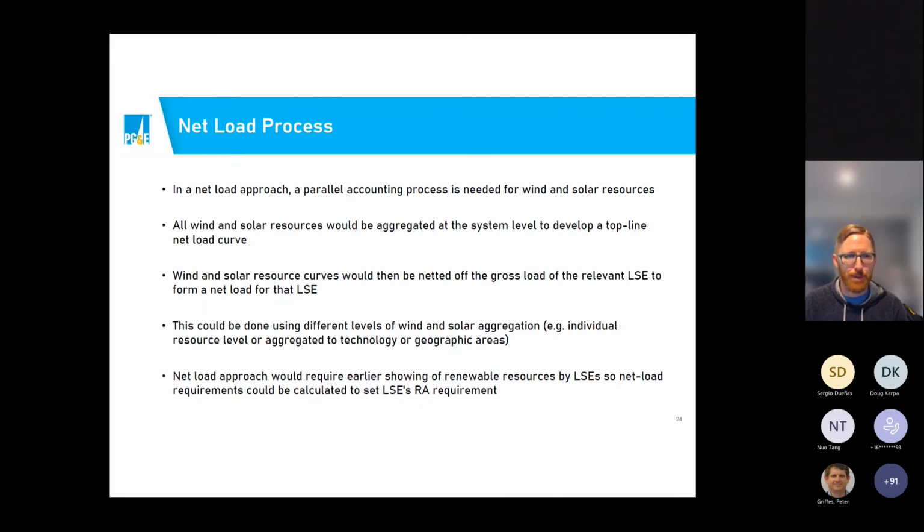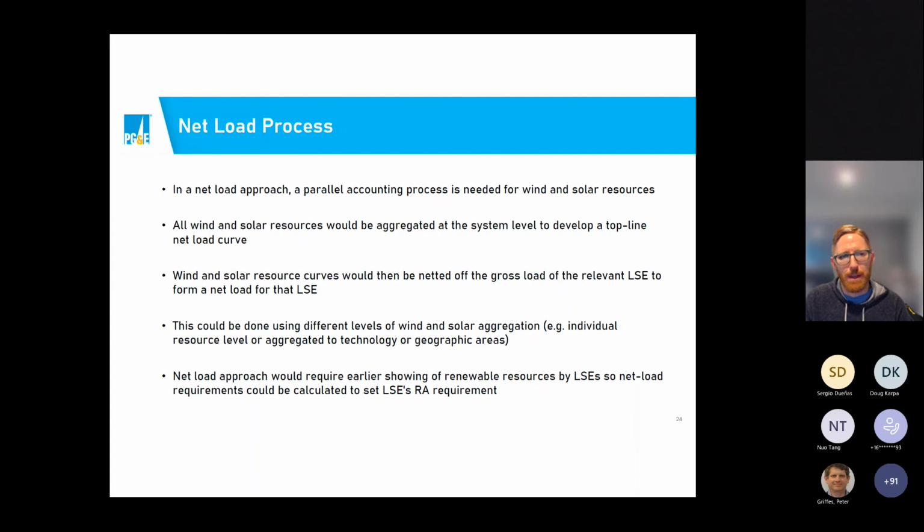At the highest level, you would aggregate all the wind and solar resources to develop that top line net load curve at the system level. And then the wind and solar resources would be netted off the gross load for each of the relevant LSEs that have wind and solar resources in their portfolio. And that would then form a net load curve for that particular LSE.